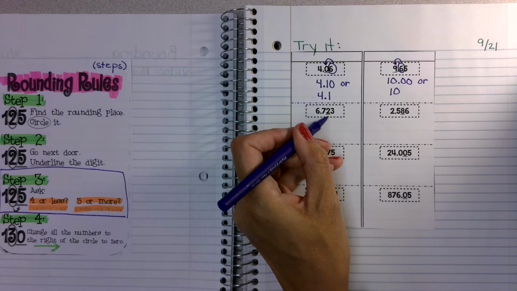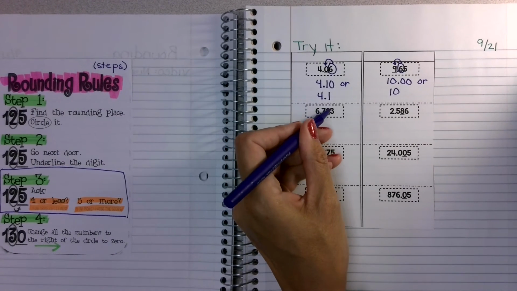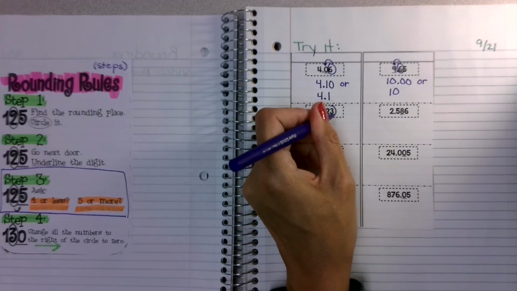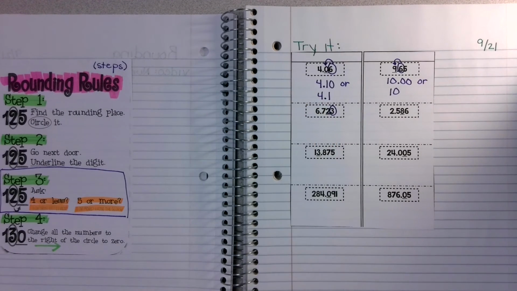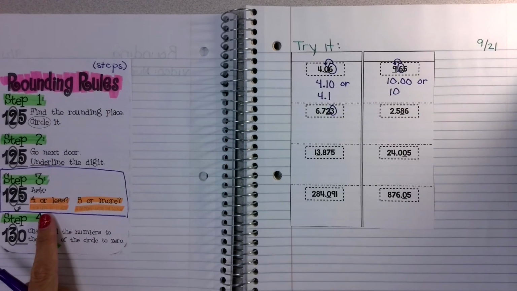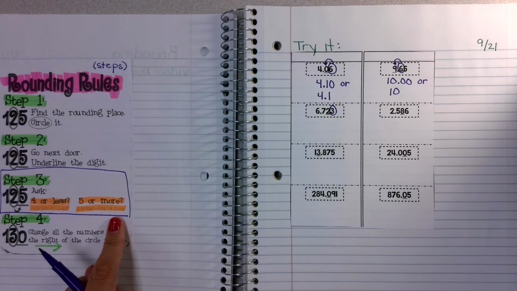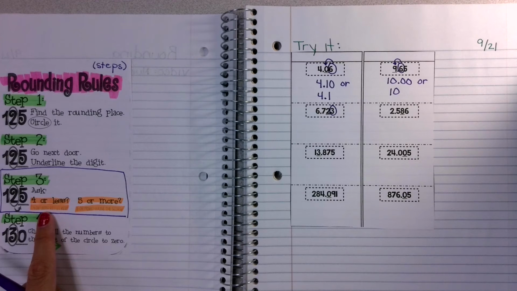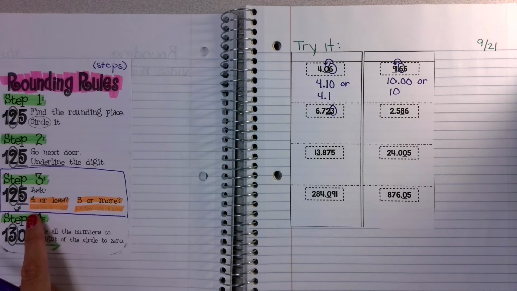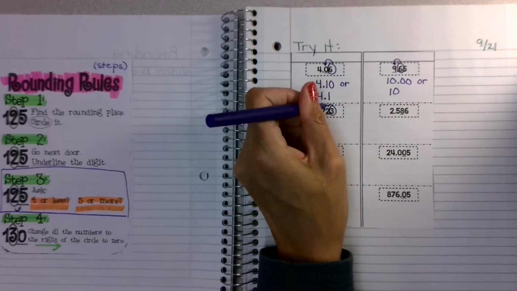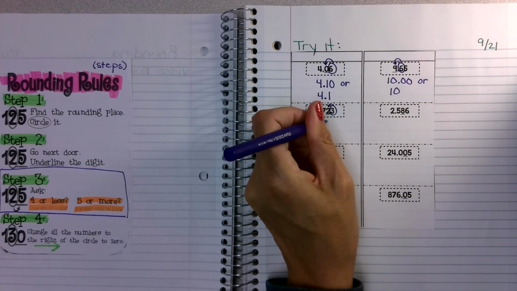Okay, the next one. They want you to round to the nearest hundredth. So the 3 is going to tell you what to do. So look over here at step 3. Is it 4 or less or 5 or more? It's 4 or less because 3 is less than 4. So you're going to let it rest. So that means this number to the left here, you're just going to keep it the same.